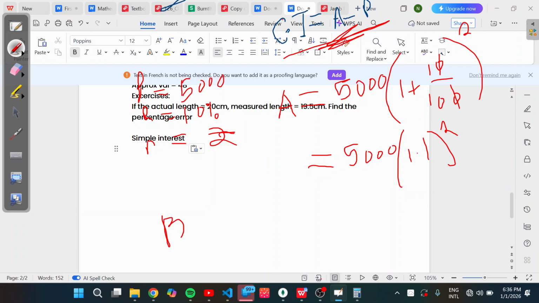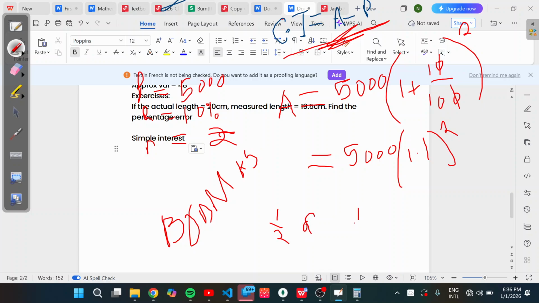Remember BODMAS, just in case you're confused as to which one you should do first. In case you're not familiar with what BODMAS is, B stands for bracket, O stands for of, which is basically like times, like if you have 1 over 2 of 8.